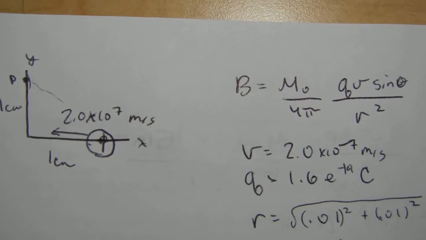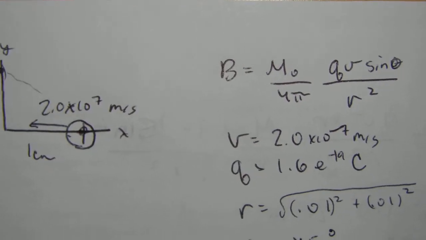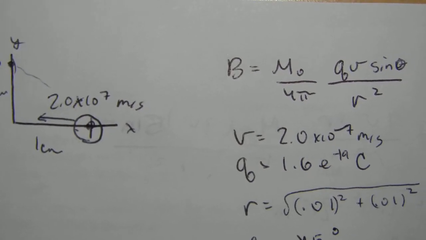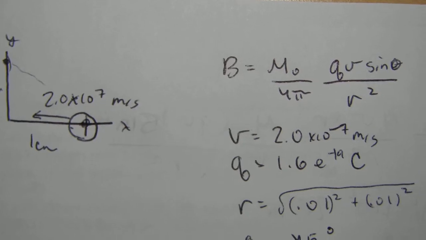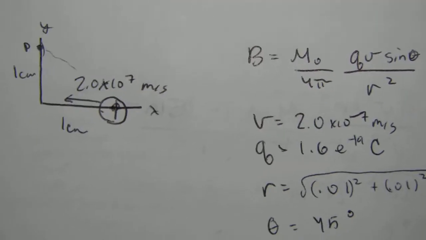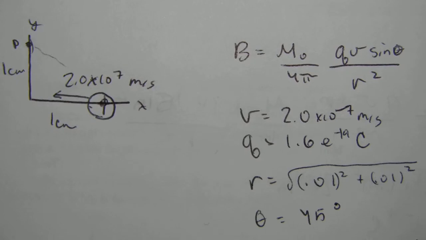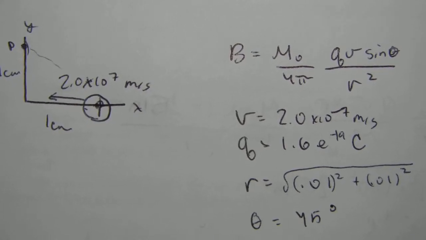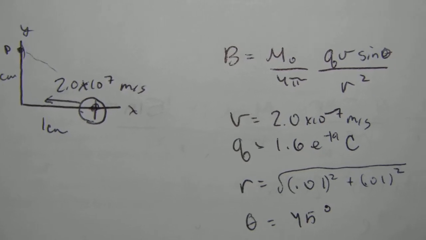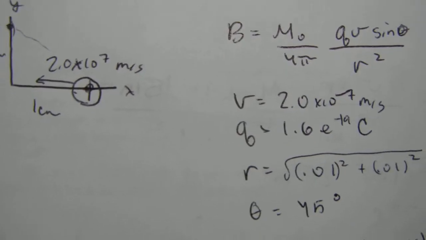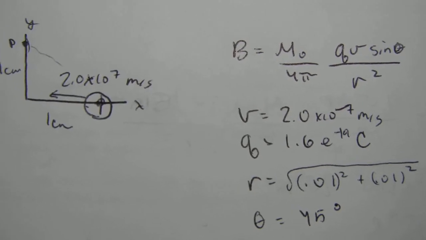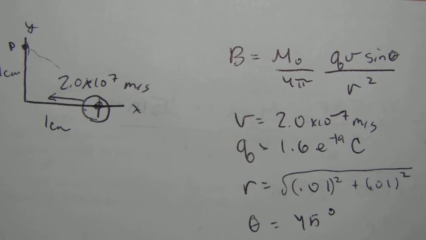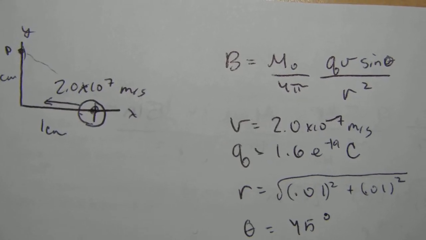And so we have our equation from the Biot-Savart law, B equals mu naught over 4 pi times the QV sine theta over r squared. And so we have pretty much all of our values from this picture right here. So we have the V as specified, we have Q, which is actually the fundamental charge of a proton, which is 1.6 e to the negative 19 coulombs, and we have our radius, r, which is the distance from P to the proton.